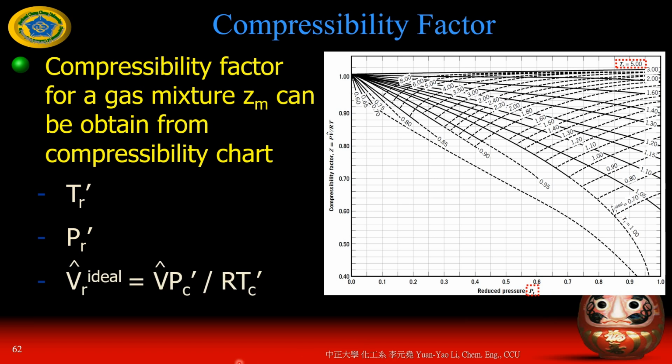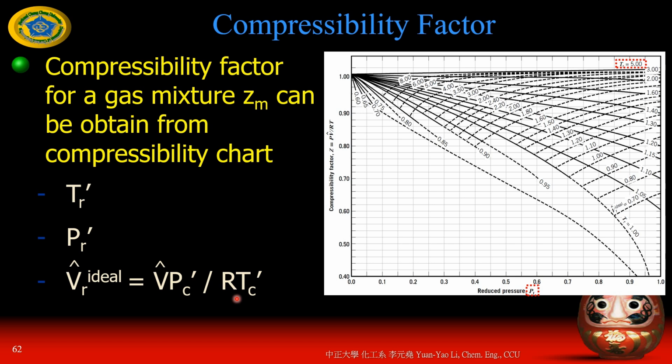Well, then you must say, well, Professor, how about VR ideal over Kay's prime? Easy, right? Because you know PC prime and TC prime, you just apply the same equation. So the logic, the way you do the calculation for the mixture gas will be exactly the same as the single gas.